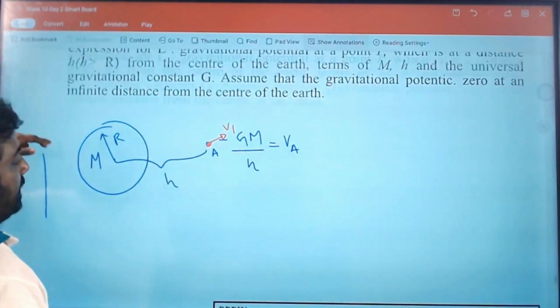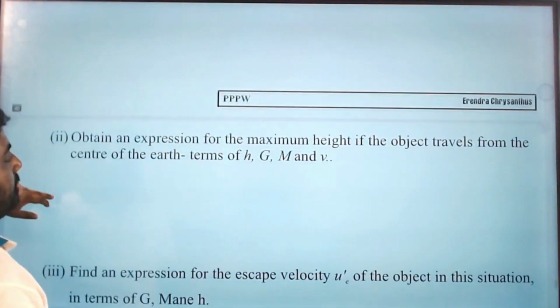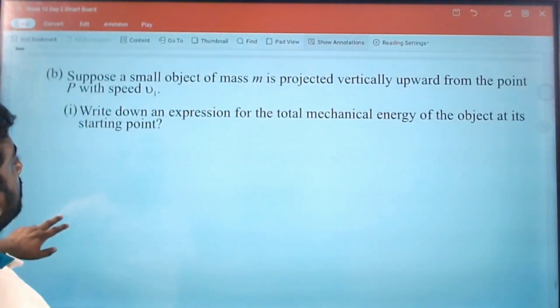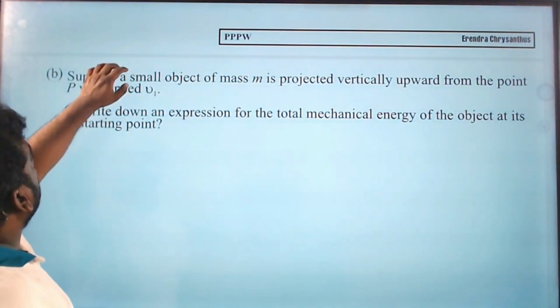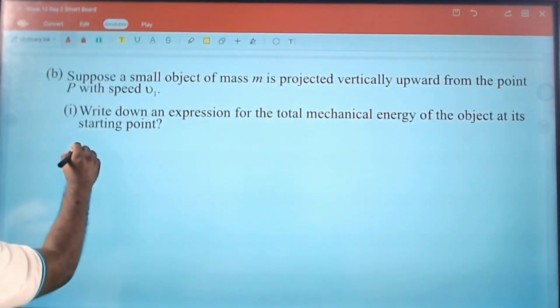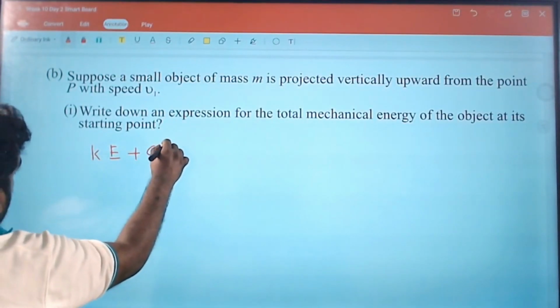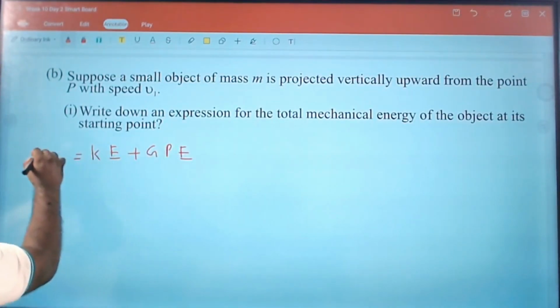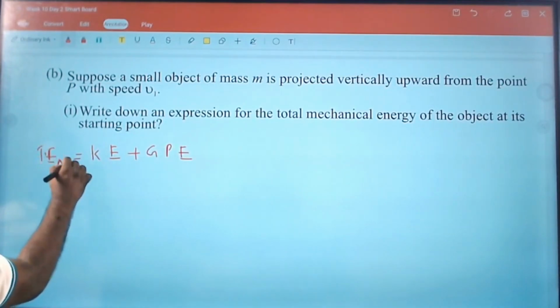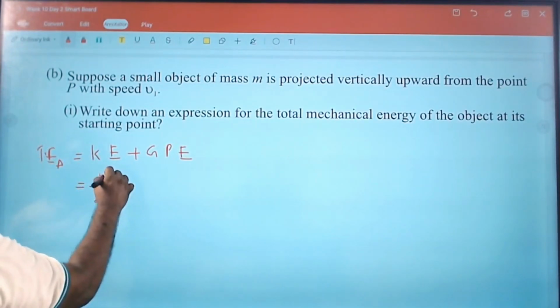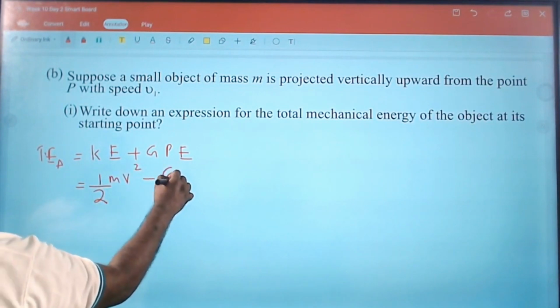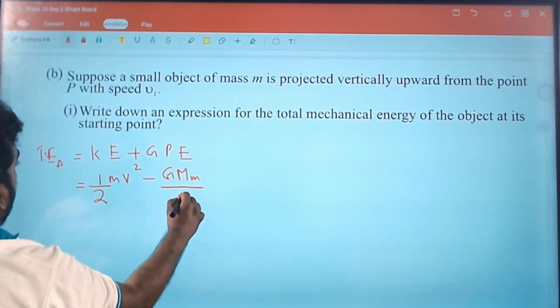What's your mechanical energy there? Kinetic plus potential. Kinetic energy plus gravitational potential energy. Total energy at A is half m v squared minus G M m over h.